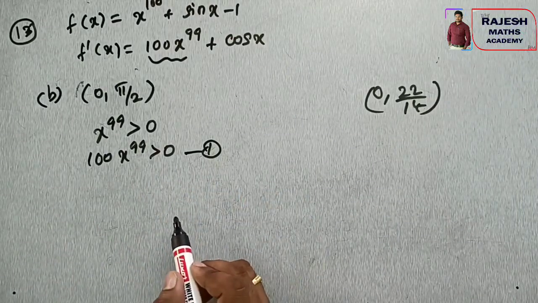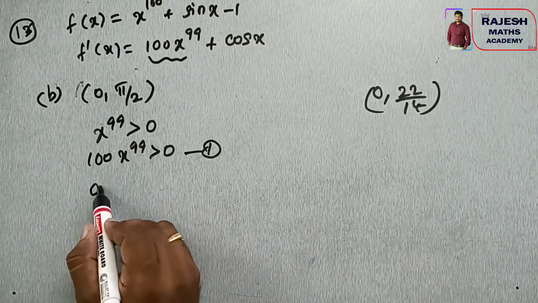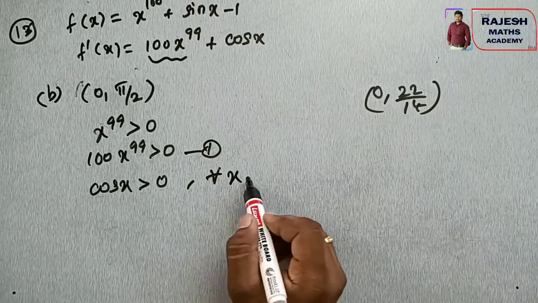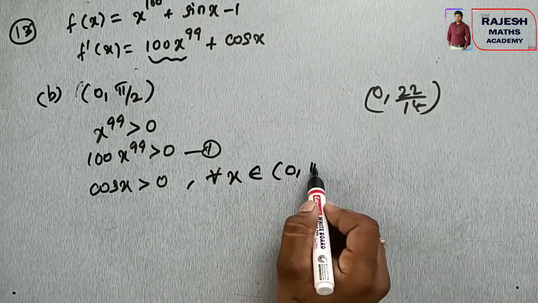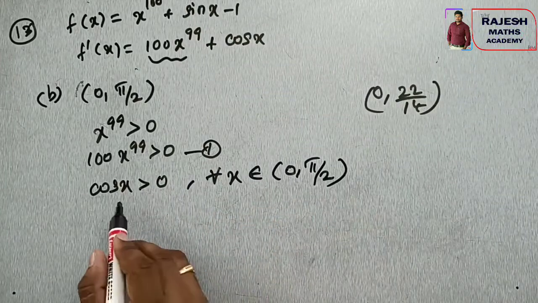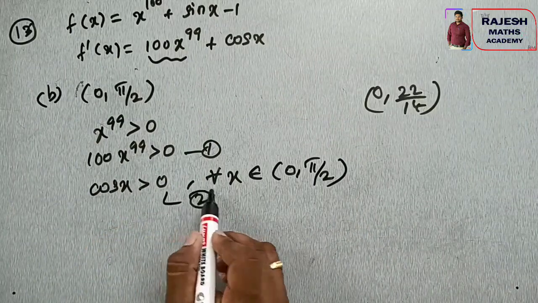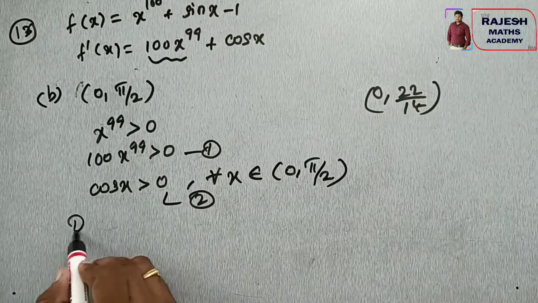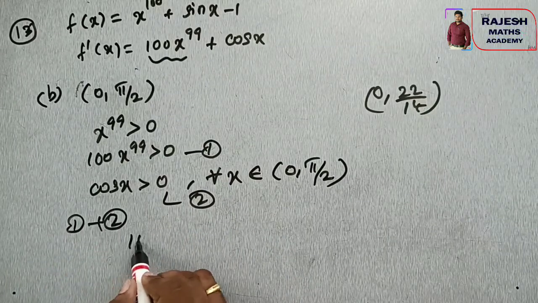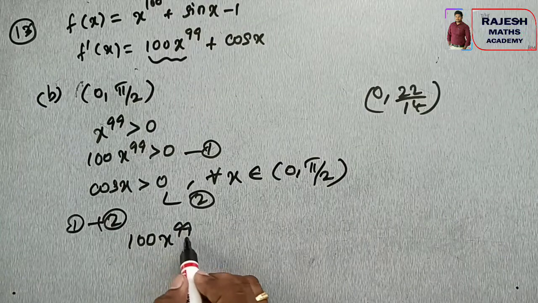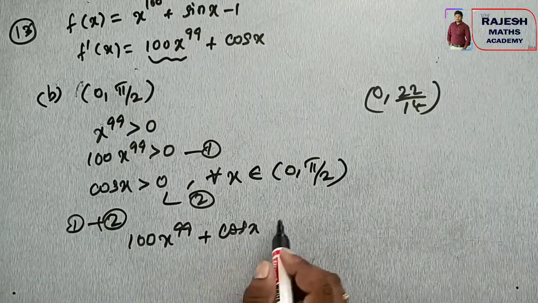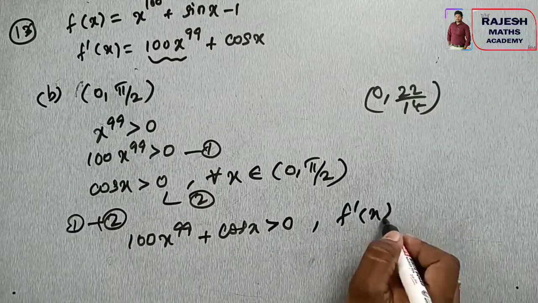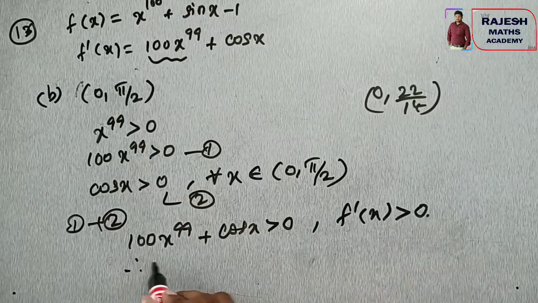Here also x belongs to the first quadrant, so cos x is greater than 0 for all x in the interval 0 to pi by 2. We take that as inequality number 2. Adding inequalities 1 and 2, we get 100 x power 99 plus cos x is greater than 0. Therefore f dash of x is greater than 0.